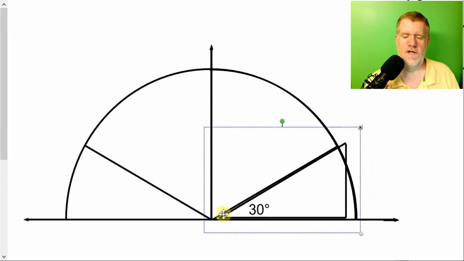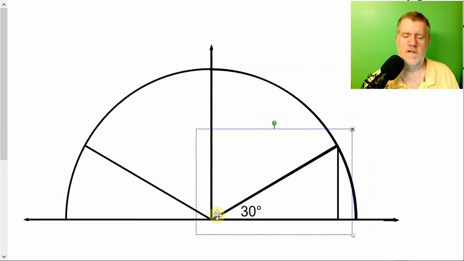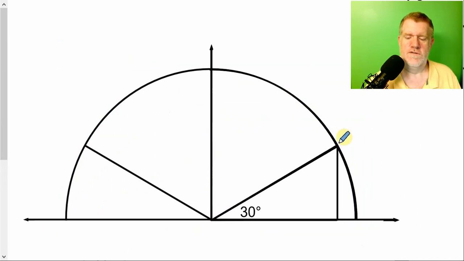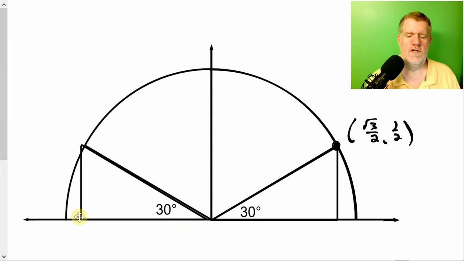So if you have a 30-degree angle that's right here, and we already did the calculation, so we don't have to do it again, this would be the square root of 3 over 2, 1/2. So what if I went on the other side, same triangle, but I flipped it over the y-axis?